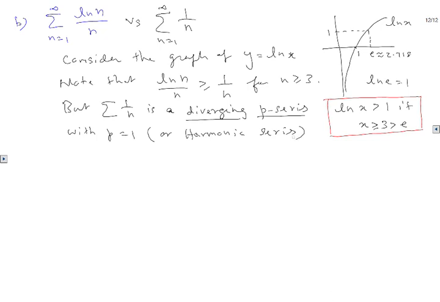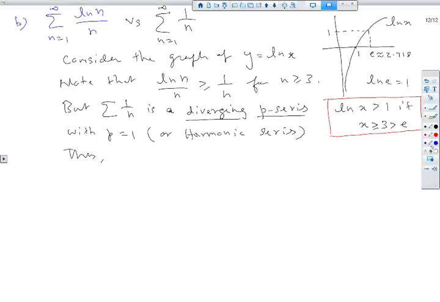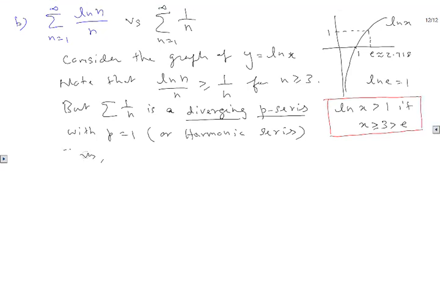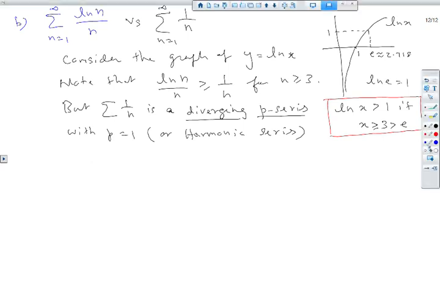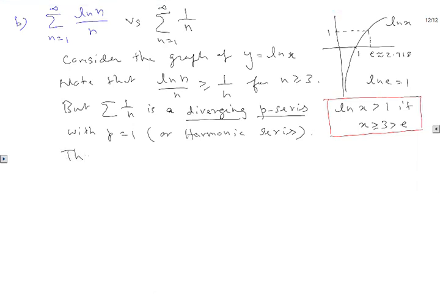Thus, by the direct comparison test, the series n going from 1 to infinity of ln n over n diverges.